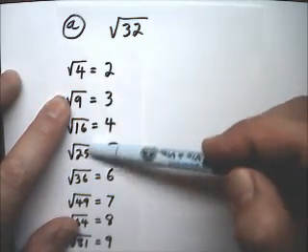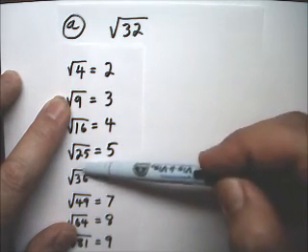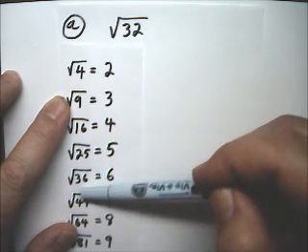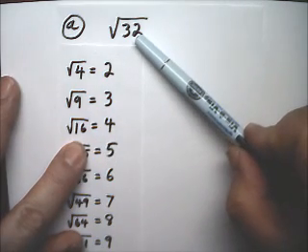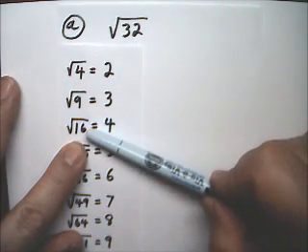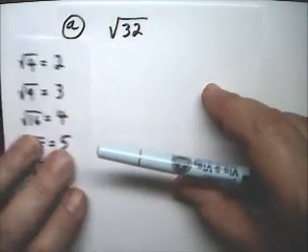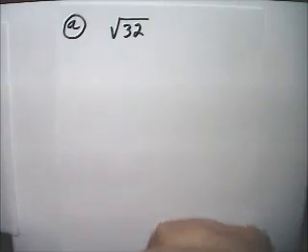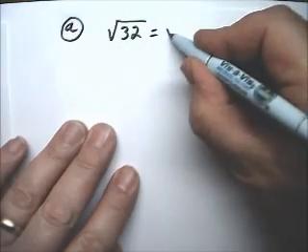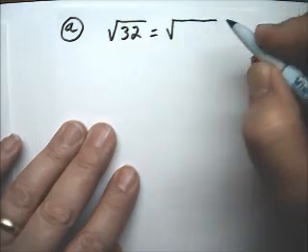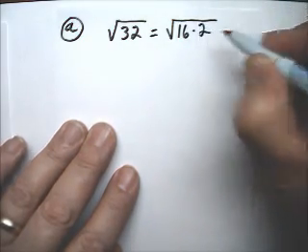Now I've written down the first square roots, and you'll see 32 is not in here, but 16 is. And 32 is 16 times 2. So with that in mind, we're going to use this to simplify this. We can substitute equals for equals, and 32 is 16 times 2.